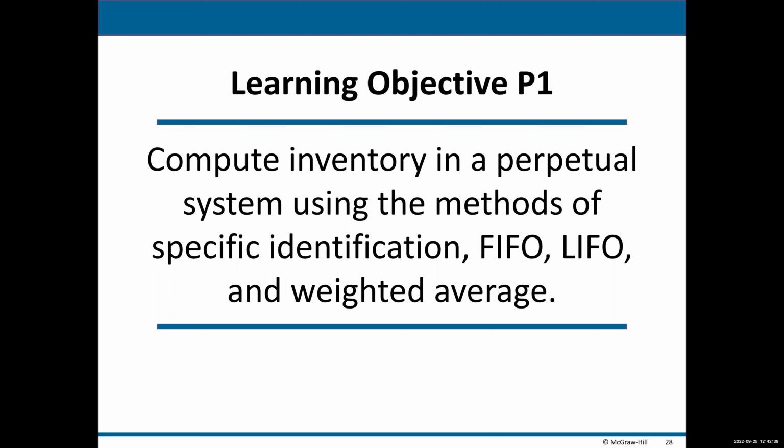And now I'm going to show you how it applies in a perpetual system. Basically, we have to update our inventory and what we sold in real time. So the calculations happen more rapidly than on the periodic basis that we just did. But you'll see what I'm saying.